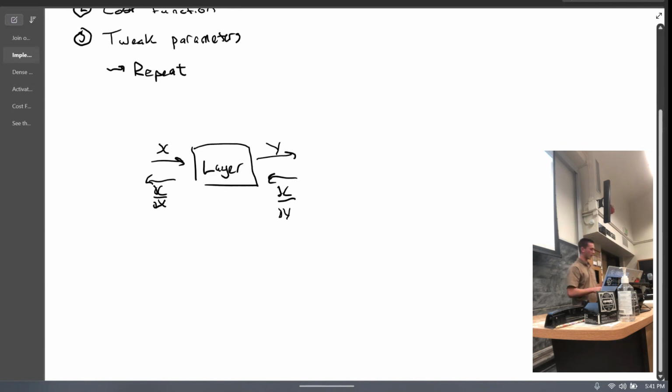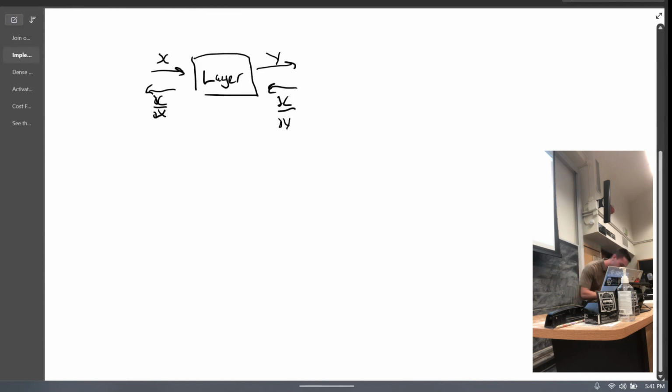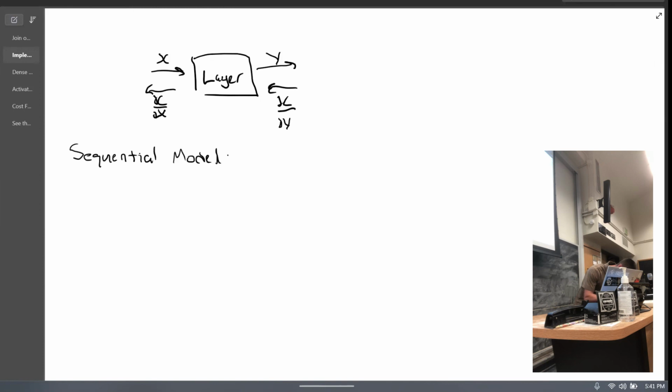With this design, we can think of each layer as its own individual object, and we can put them together in a sequence. This defines our sequential model, our simple feed-forward neural network.